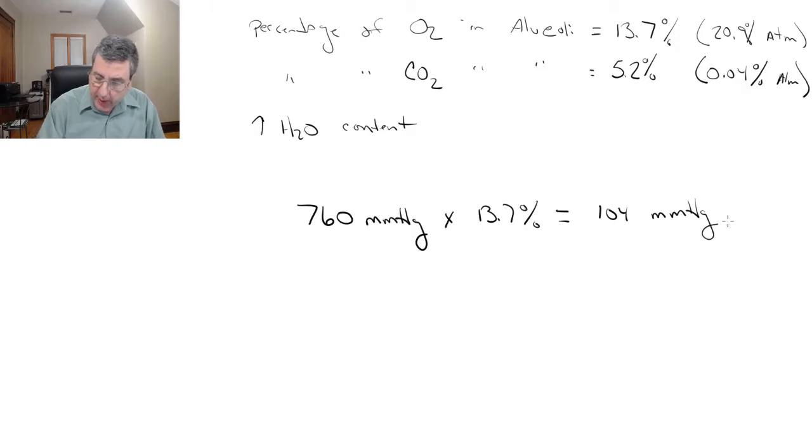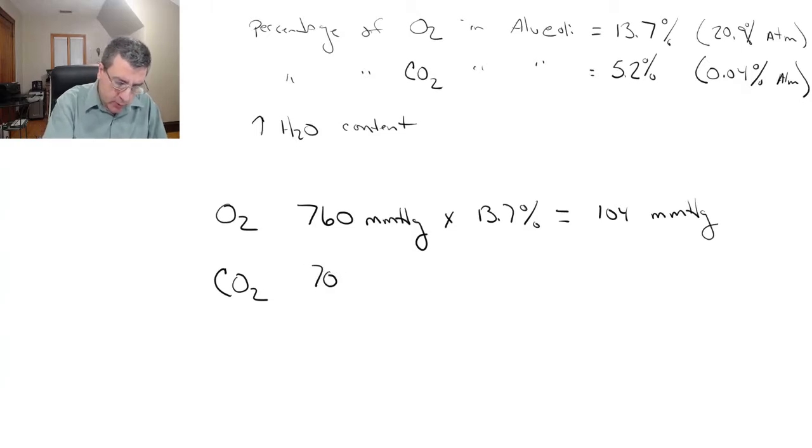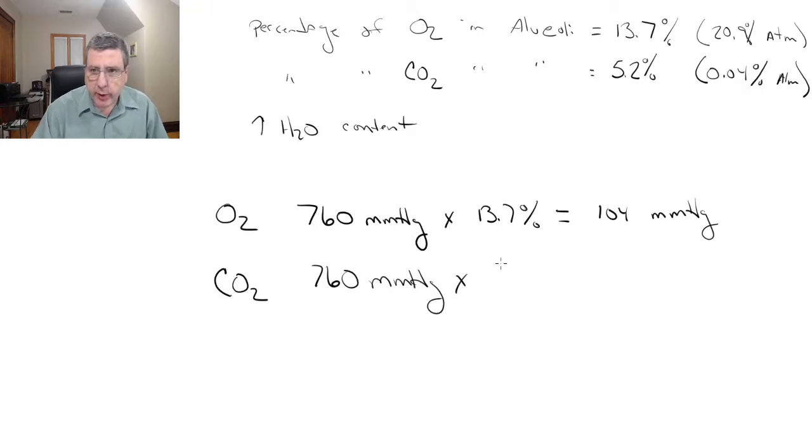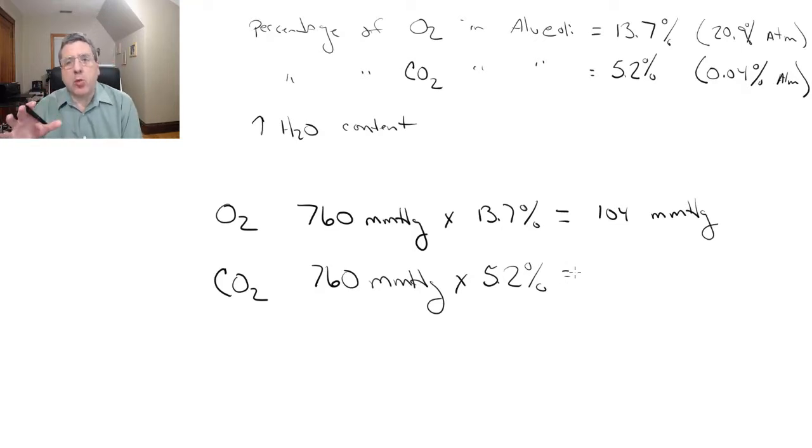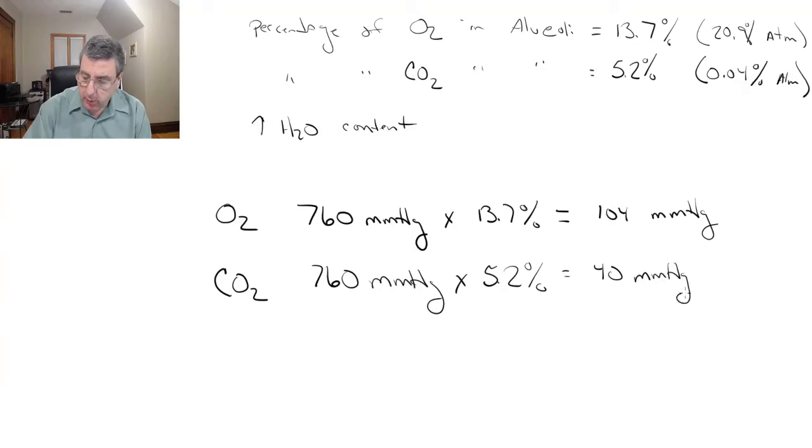So this is oxygen. So for CO2, let me go backwards on this one: 760 millimeters of mercury times 5.2% equals 40 millimeters of mercury.